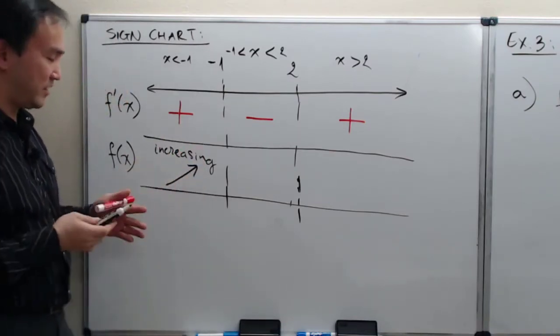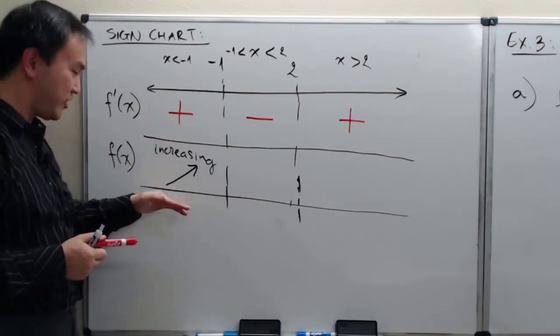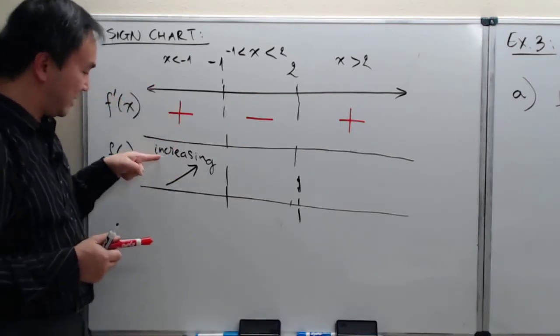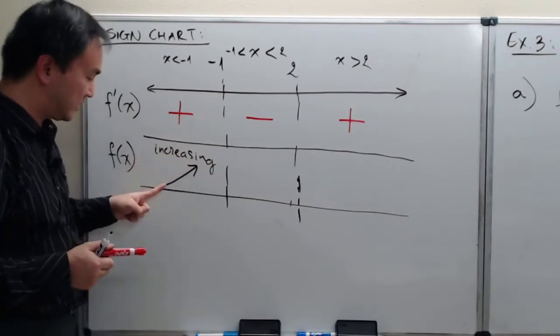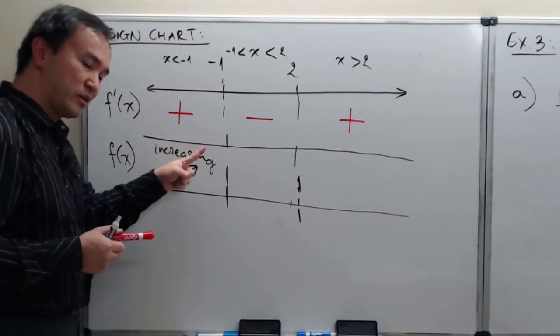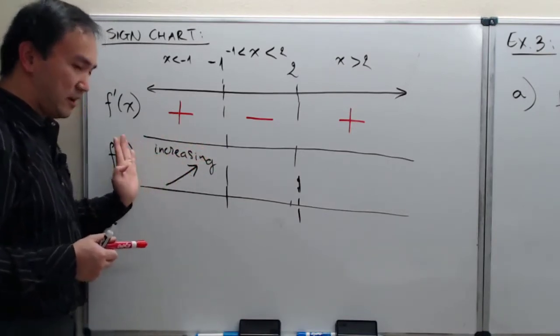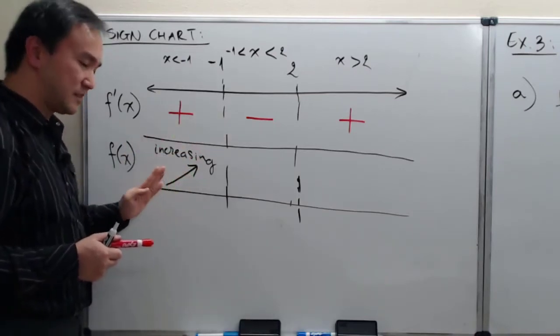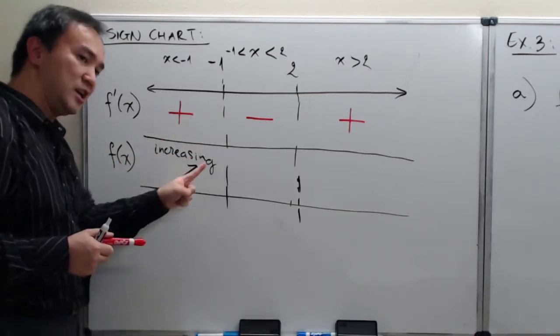In practical situations, when you are doing fast work, you can entirely skip the word increasing and simply use an up arrow like this, from the left to the right, a rising arrow. It indicates your function is increasing.